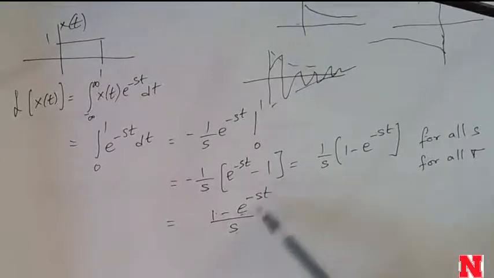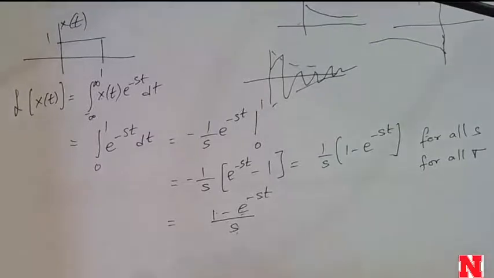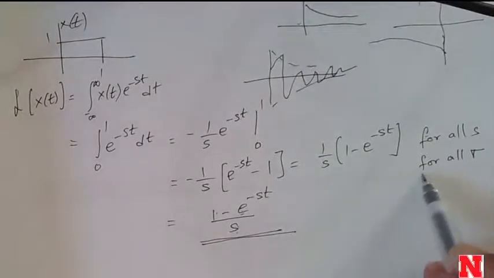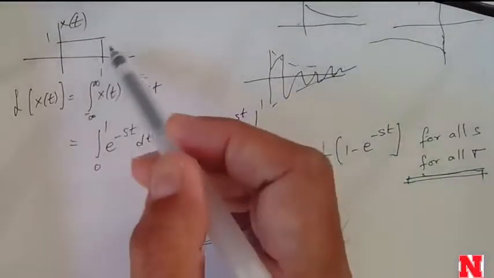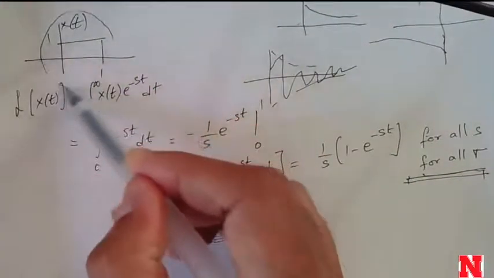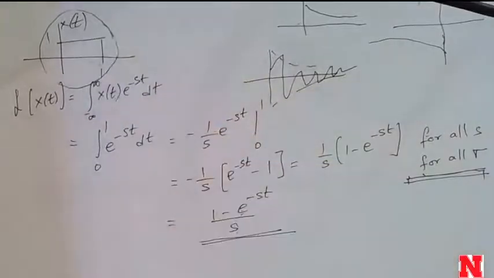You can use L'Hopital's rule and you'll find out that it doesn't blow up. What we have is that this function has a region of convergence that is the entire s-plane, and this function was different from the other functions that we saw in that it was non-zero over a finite range.